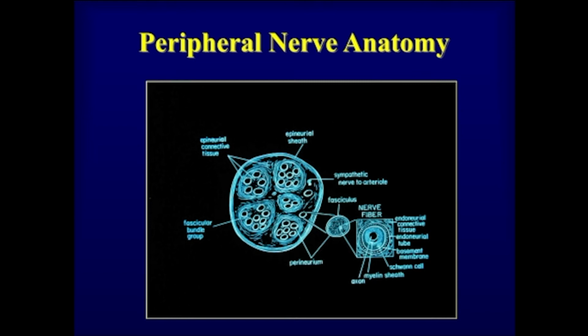I think we're all acquainted with the structure of a peripheral nerve in terms of the epineurium, the perineurium, the endoneurium, and the axons. But one portion of the anatomy which usually doesn't get much attention are the blood vessels which provide nutrition for the peripheral nerve.